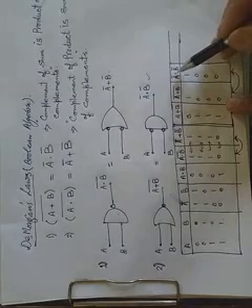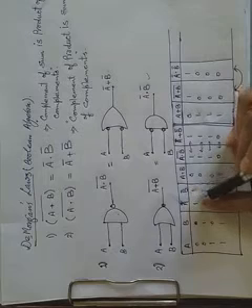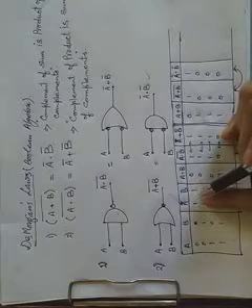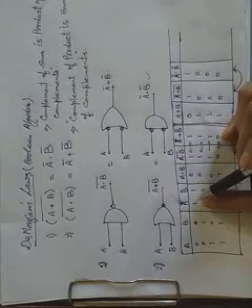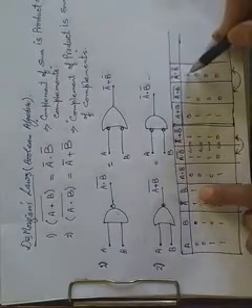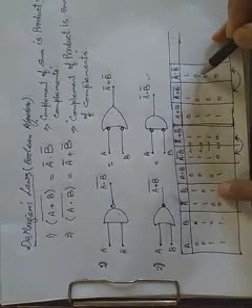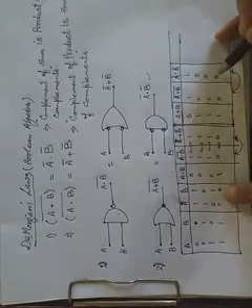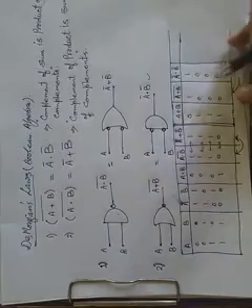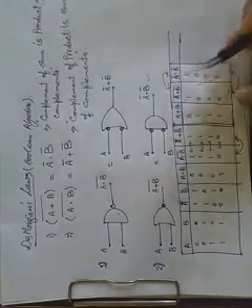Now what about A complement dot B complement? We are taking the AND operation of the separate individual complements of A and B. The AND operation gives us the column: 1 dot 1 is 1, 1 dot 0 is 0, 0 dot 1 is 0, and 0 dot 0 is 0. Now observe these two columns. What do we observe?